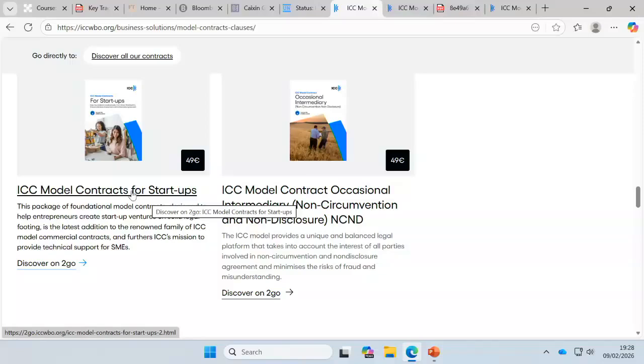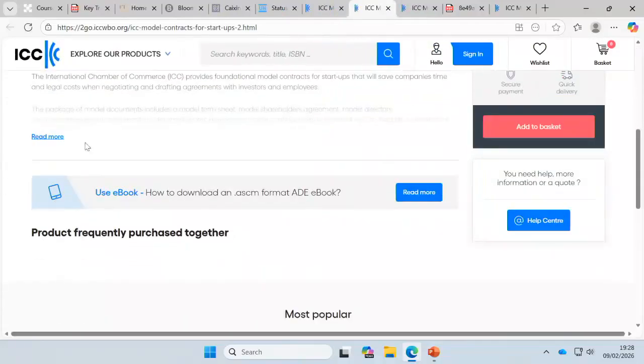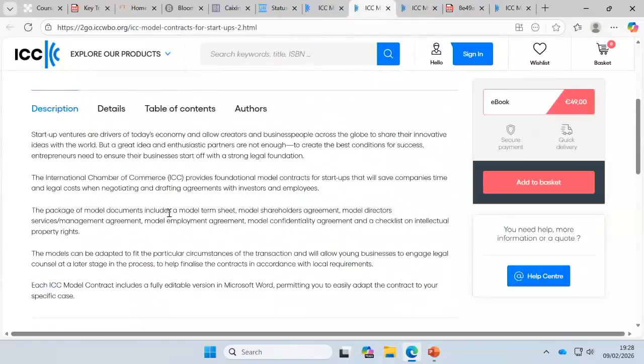And so they provide a set of model contracts for startups. This package includes a model term sheet, model shareholders agreement, model directors services and management agreement, model employment agreement, model confidentiality agreement, and a checklist on intellectual property rights. So basically, it's a suite of documents for setting up a small business.